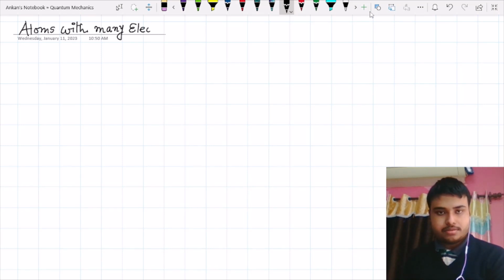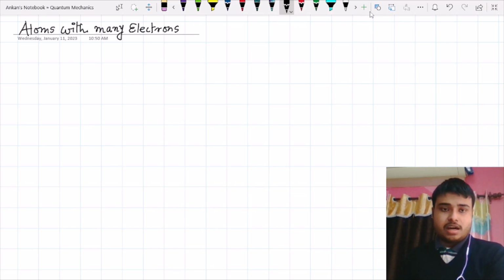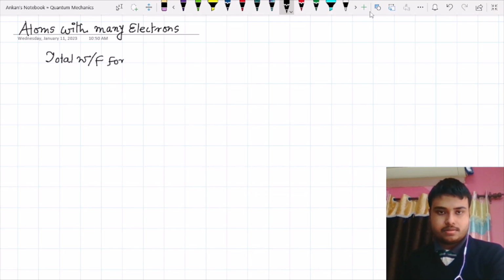So how can we write the total wave function for the atoms with many electrons?